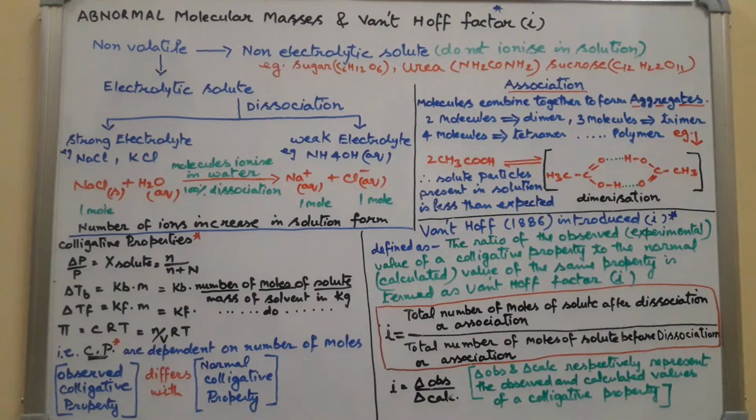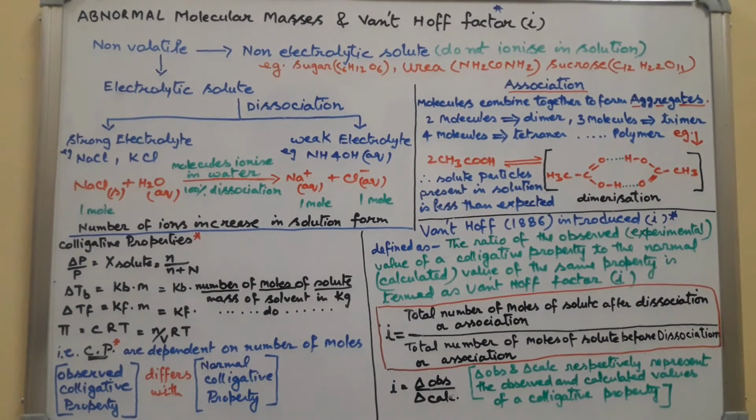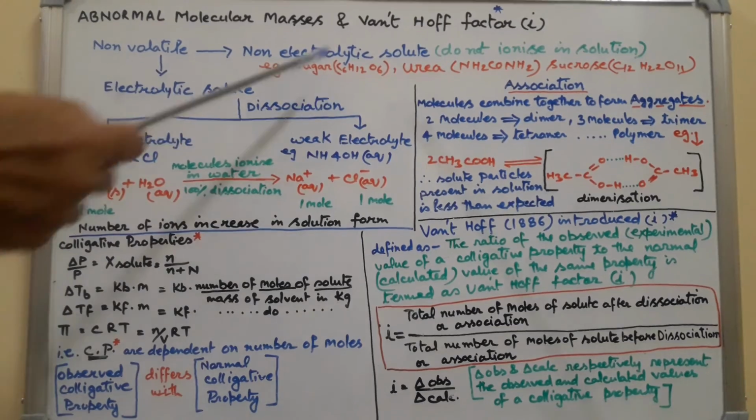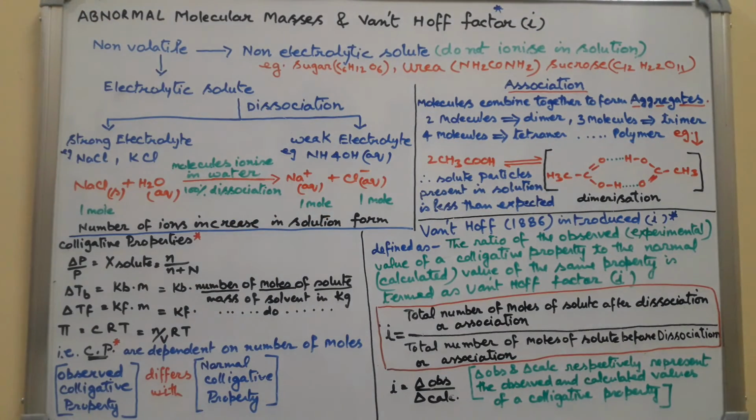So just to solve this riddle, Van 't Hoff in 1886 extensively studied the phenomena of molecular association and dissociation of a solute in solution and its effect on colligative properties, and introduced a factor known as the Van 't Hoff factor, symbolized as i, to express the extent of association and dissociation.